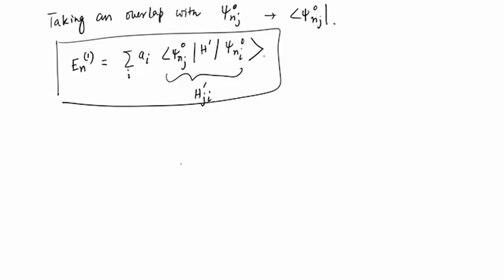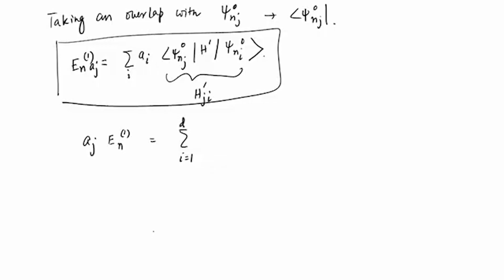So this can be written as: there is an A_j which I forgot here, A_j E_n^1 is equal to the sum over i. Now this sum over i has to be specified: I told you that this is the eigenvalue index, so it will go from 1 to D, where D is the degeneracy.